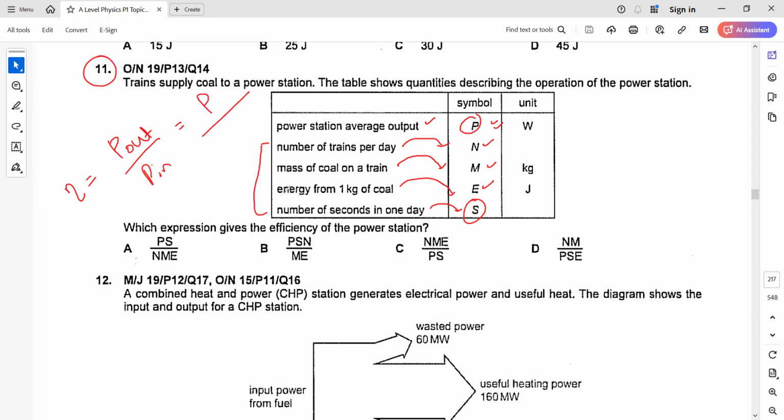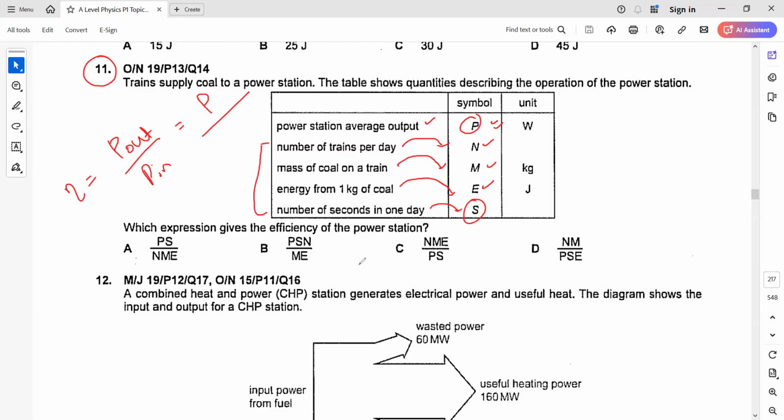So coal is a source of energy, right? We know this. So the total number of trains and the total energy supplied or the total power supplied, that's what we have to find out. So denominator should be power input, right? So instead of power, what we have is energy.